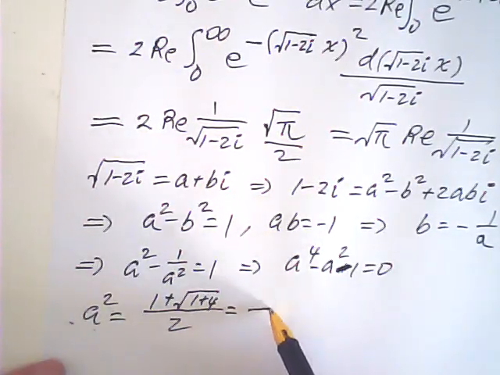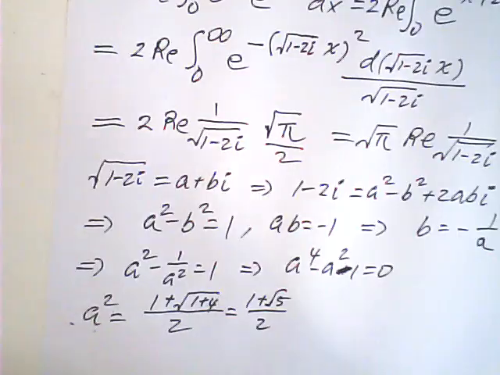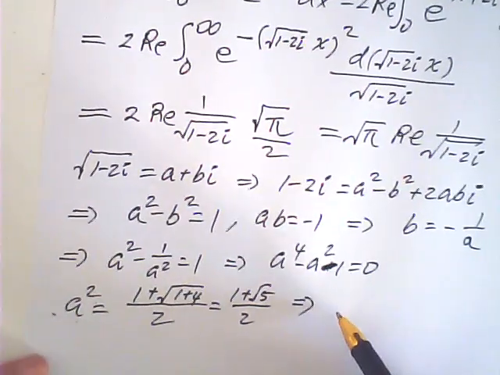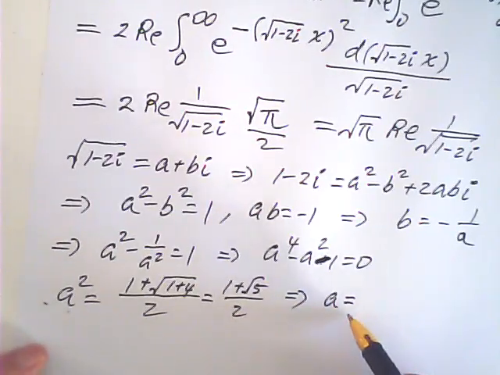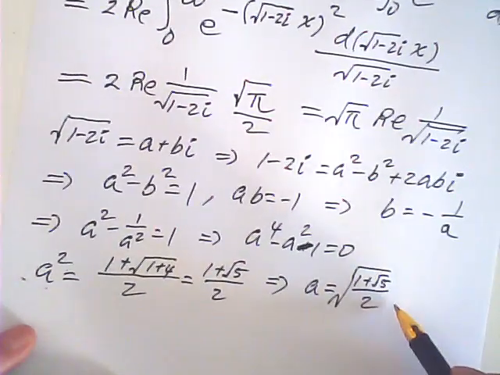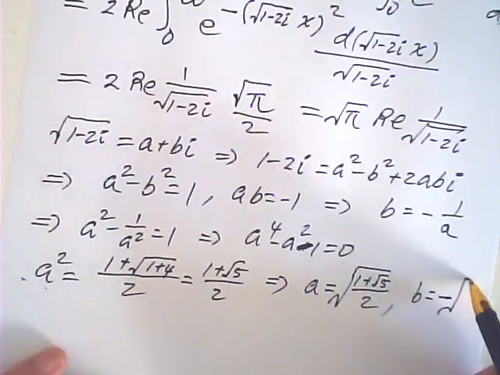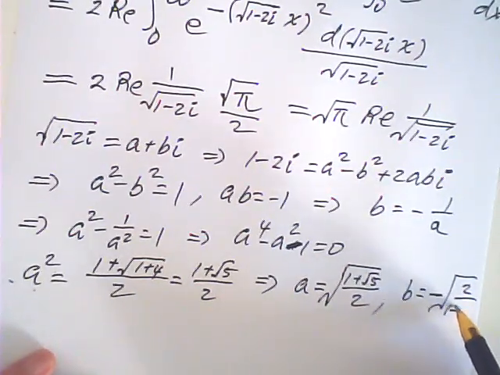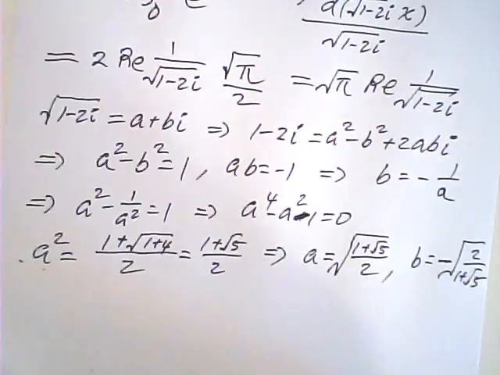So this is equal to (1 plus root 5) over 2, which means that a is equal to the square root of (1 plus root 5) over 2, right? And b is the negative reciprocal: b is equal to negative 2 over the square root of (1 plus root 5). Good.